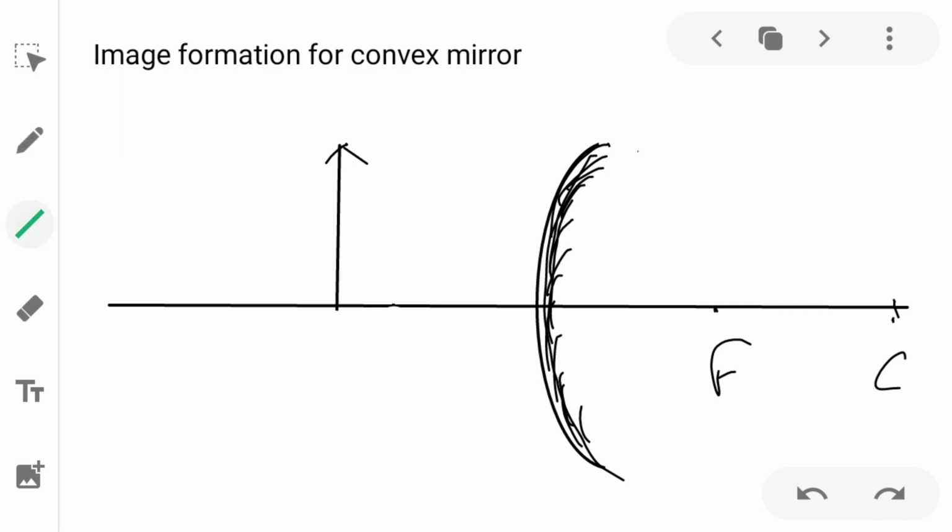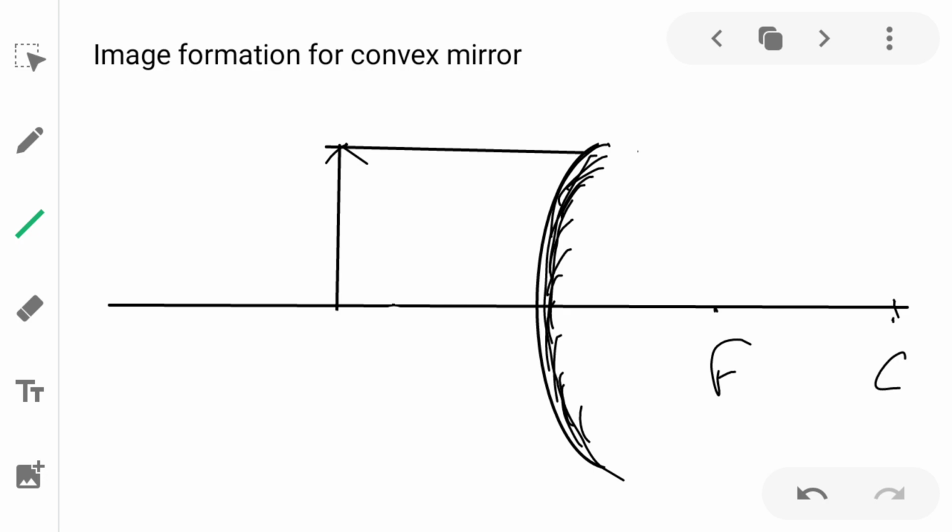Again, according to our rays of image formation, we shall consider any two rays among the three. The first one we shall consider is the ray parallel to the principal axis.